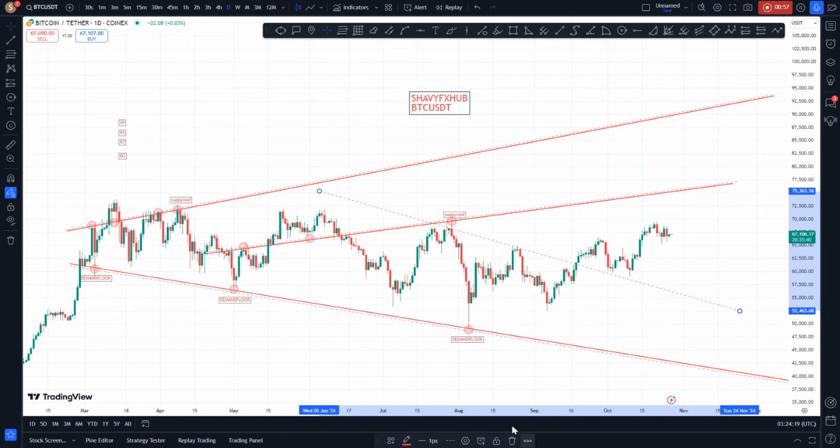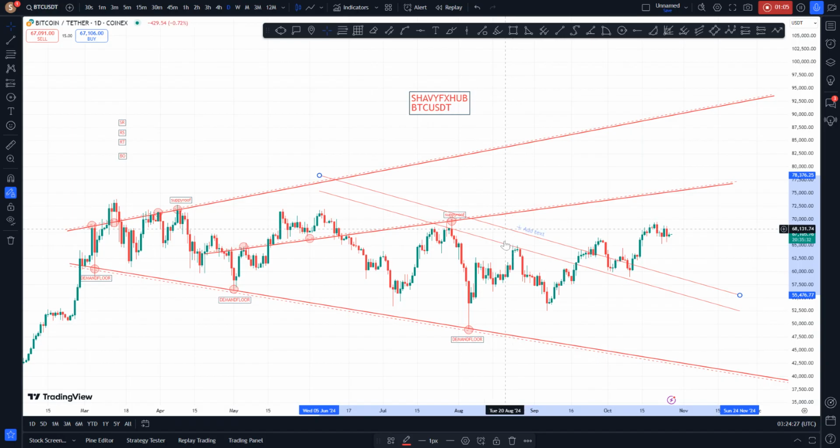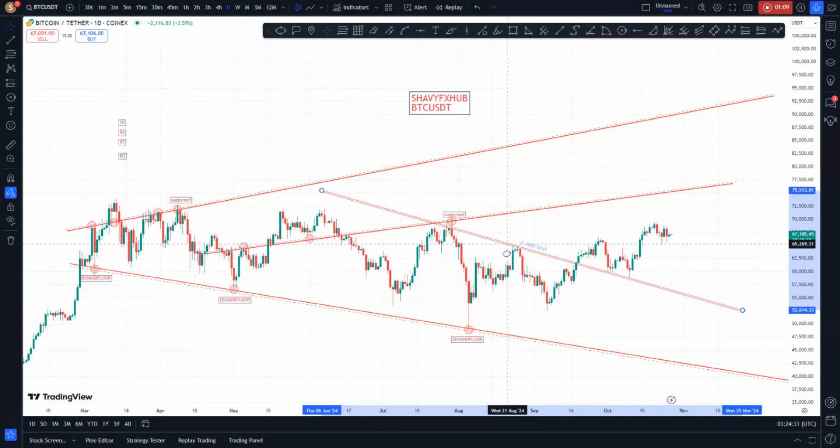So let's see what it does from here. Broken out and successfully retested. We have a successful retest after that breakout.